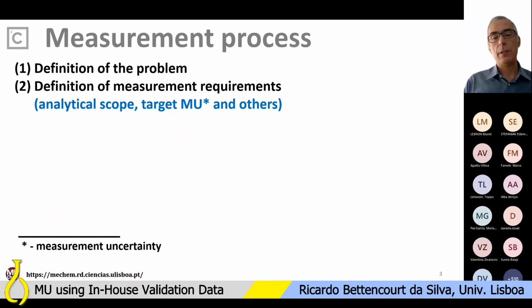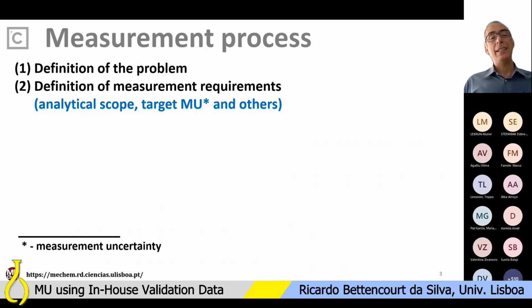Typically we define requirements for the method that is being used. I'm using the term method; if you follow the international vocabulary of metrology, probably you would use procedure. So they define requirements for the method regarding the analyte levels, or the concentration levels of the analyte. And the word concentration I'm using in a general sense; it can be mass fraction, conductivity, or pH.